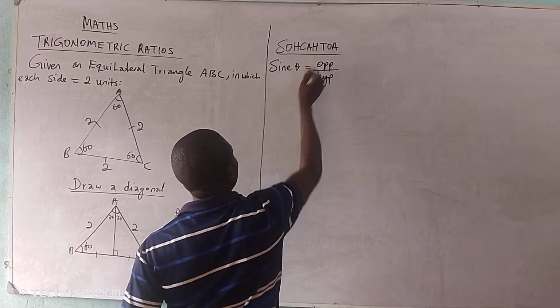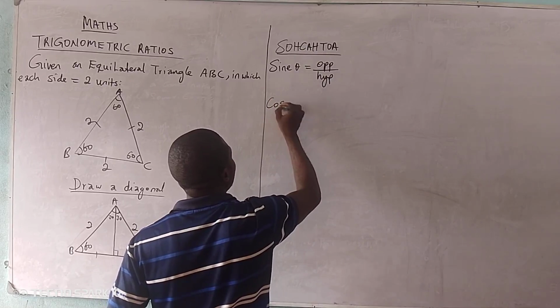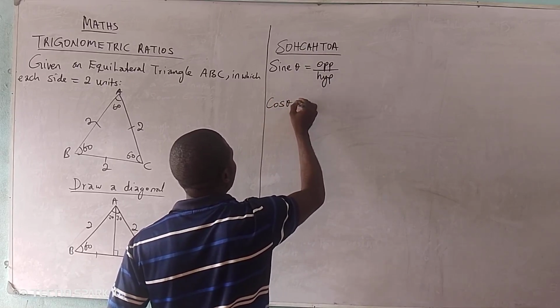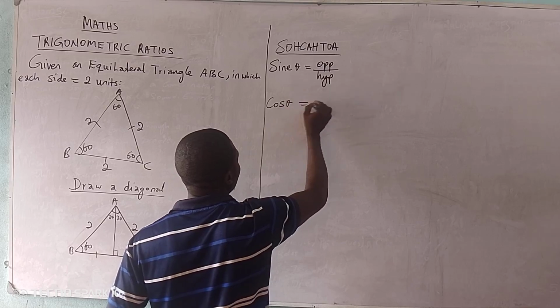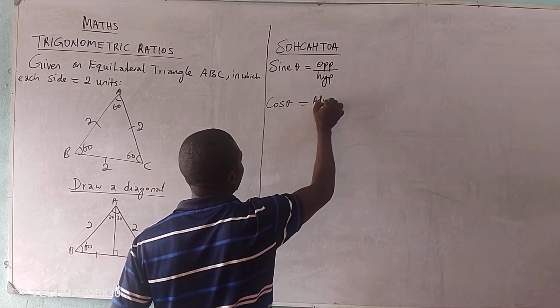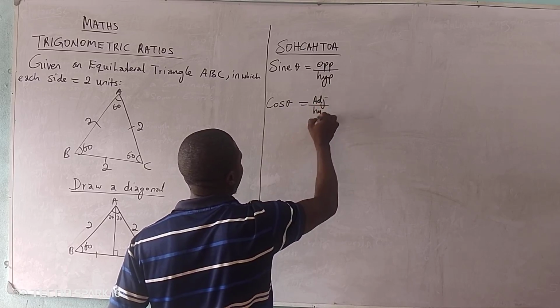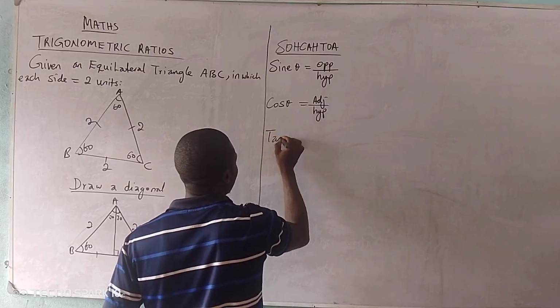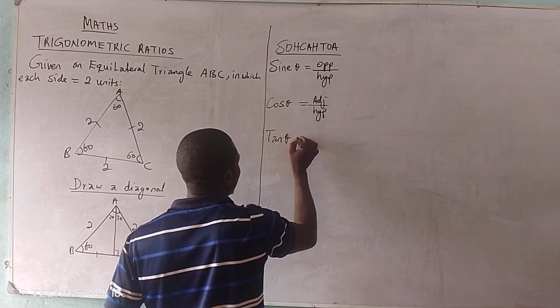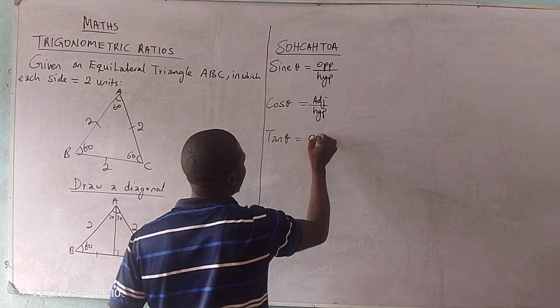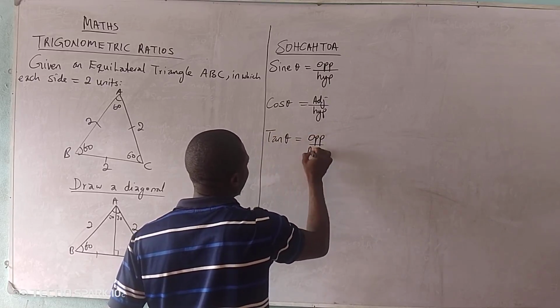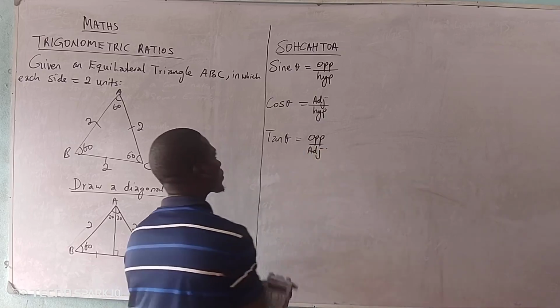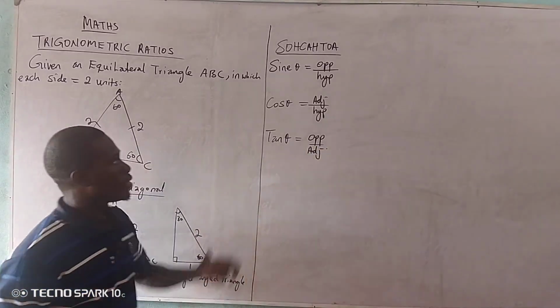Then cosine theta is equal to adjacent over hypotenuse. Then we have tangent theta is equal to opposite over adjacent.